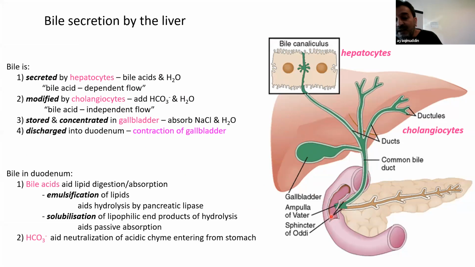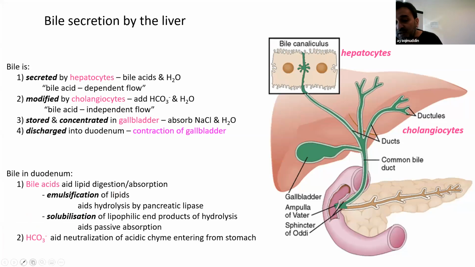Now, why are these bile acids important? They are important in terms of emulsification of lipids, so it helps pancreatic lipases act on the lipid molecules to digest them.